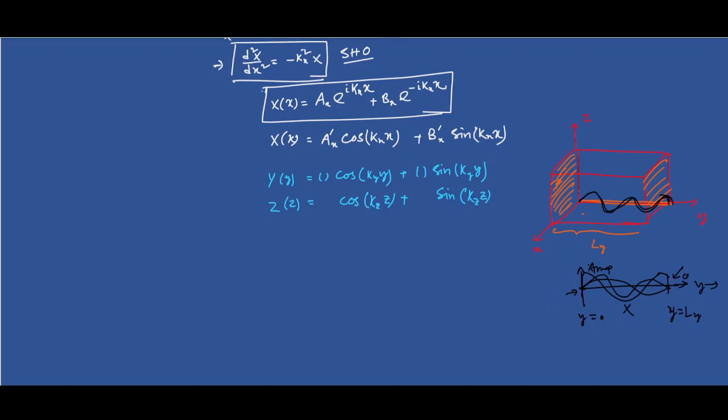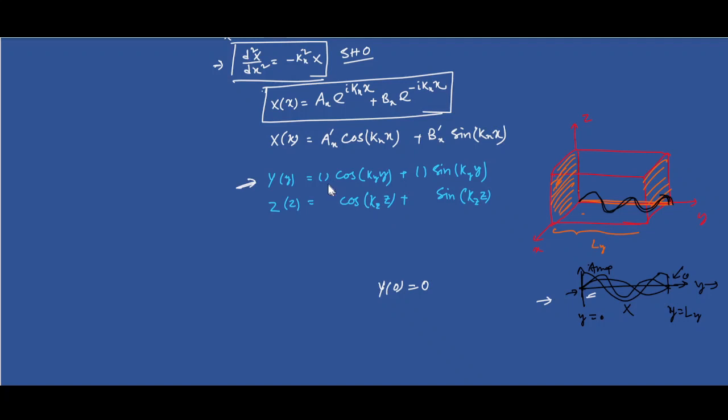So applying this condition, as we solved here along y, let me derive the boundary condition for y. For y we have the expression of wave amplitude here, and Y at 0 has to be 0 according to the physical situation.